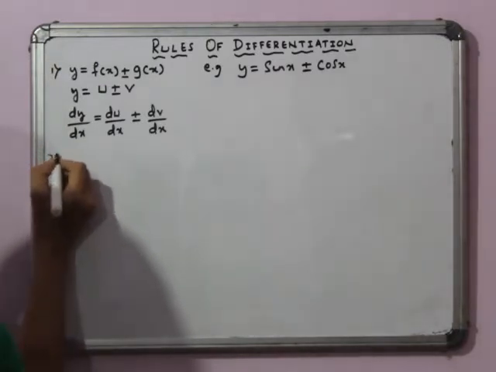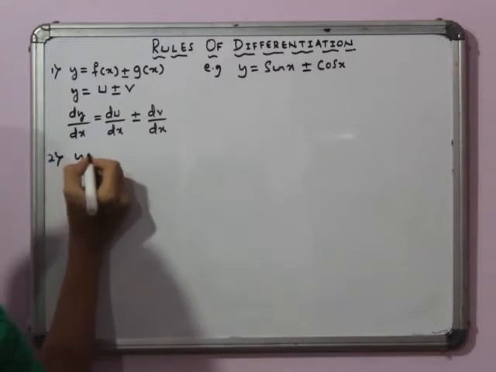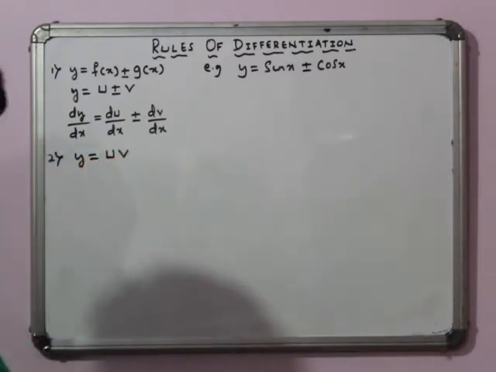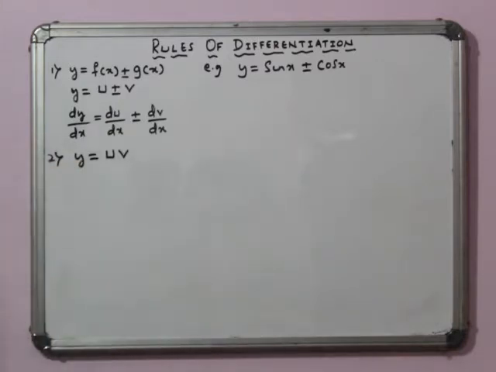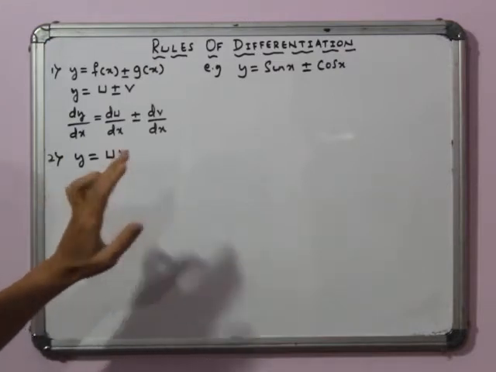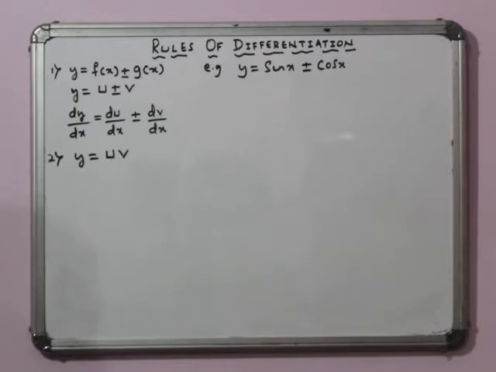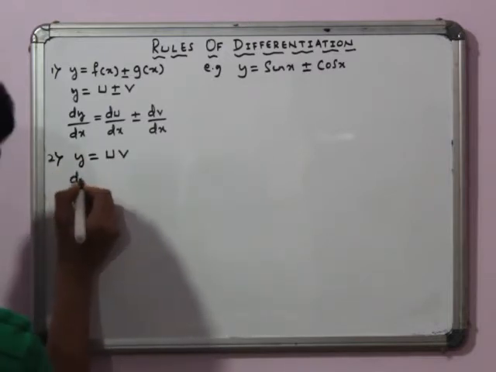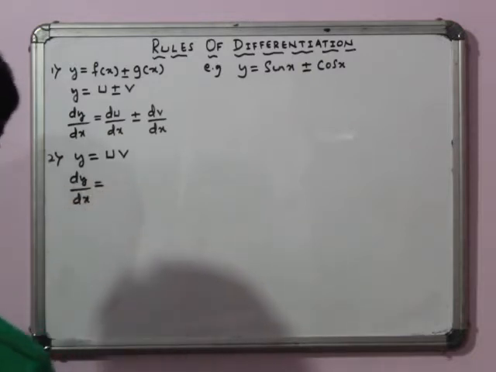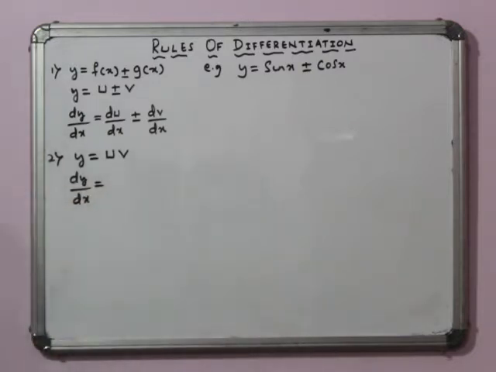Rule number 2. When you have a function in the form of a product. This rule is very important because while solving your exercise problems, most of the time you will meet this one: y is equal to u into v, where u is a function and v is also a different function. How to find the derivative, dy by dx, the differentiation of y with respect to x?